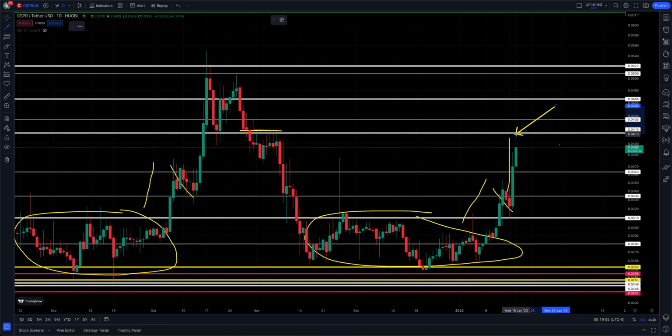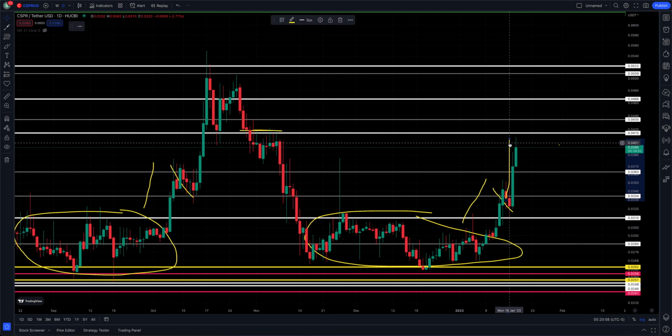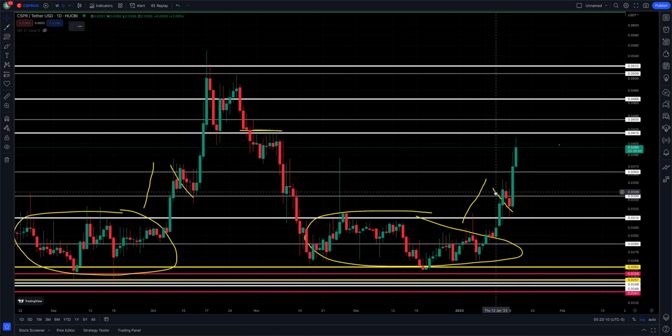But I think ultimately, as long as the Bitcoin rally holds, so far it is, I think all of these cryptos will continue to rally. I think in the market phase, we're probably in that disbelief area where people, and you can see it across the social media platforms, are looking for another leg lower in the crypto markets.